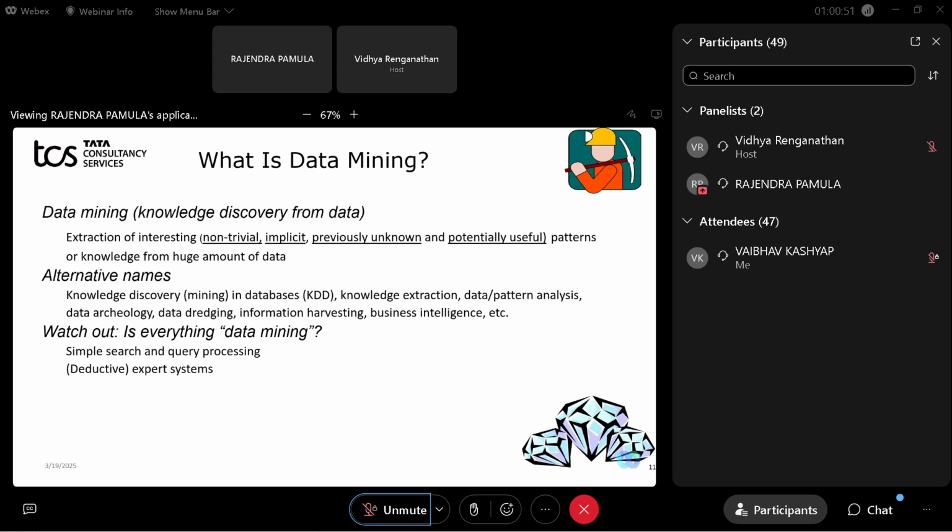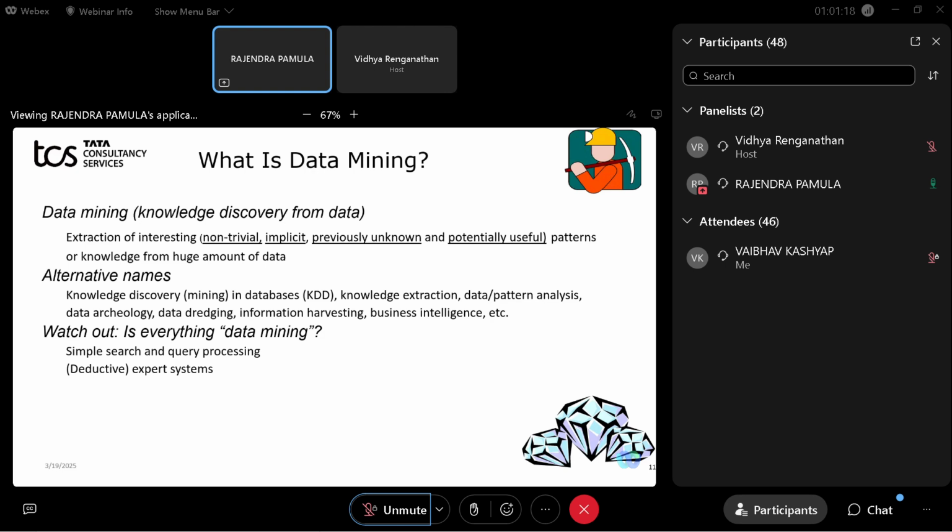So now, what is non-trivial? It's not very easy. And implicit means the property is available inside the data, and previously unknown means we don't know anything about that particular data.